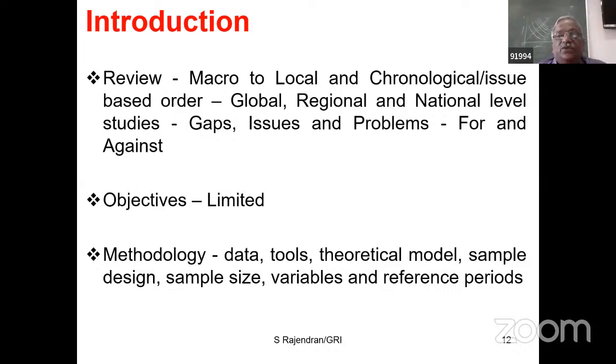In other words, you give the arguments put forth by earlier studies in a very scientific form by listing out the issues in order, like global, regional, and national level. And you also identify a few gaps, research issues, and research problems so that you can justify your study.